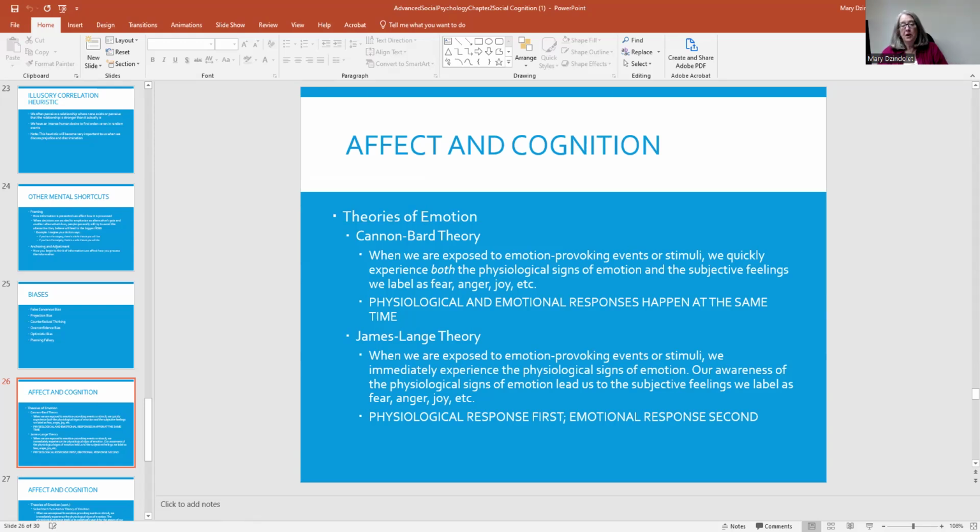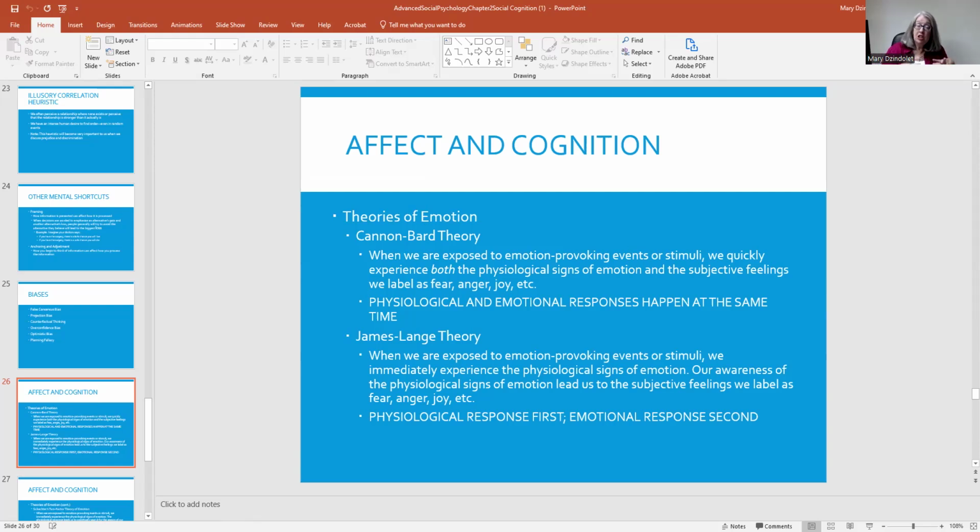This is what Cannon-Bard said. They're trying to explain how, when we are exposed to things that make us afraid or excited, we end up experiencing the emotion from this external stimulus. Cannon-Bard think that when we're exposed to emotion-provoking events or stimuli, we quickly experience both the physiological signs and, simultaneously, the subjective feelings that we label as fear, anger, joy, etc. In other words, the emotions.